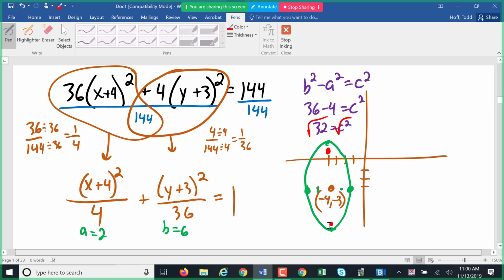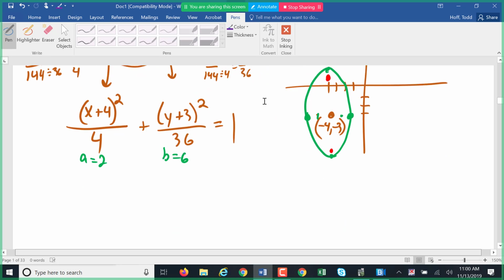I'm assuming you guys can calculate the coordinates for those. So that was pretty simple. All we had to do there to put that in graphic form was divide by the number on the opposite side of the equation in order to make that into a 1. But it can get a step more difficult yet.